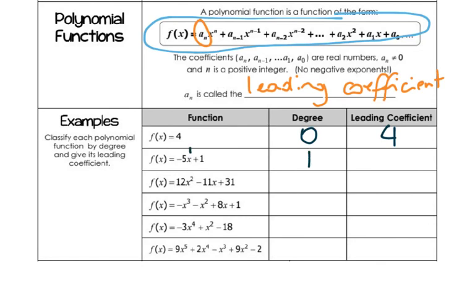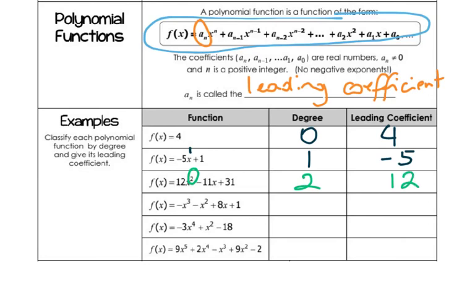So degree is 1, and the leading coefficient is negative 5, the coefficient of the first term. The third example, f of x equals 12x squared minus 11x plus 31, the highest exponent is 2, so it's degree 2, and the leading coefficient is 12.